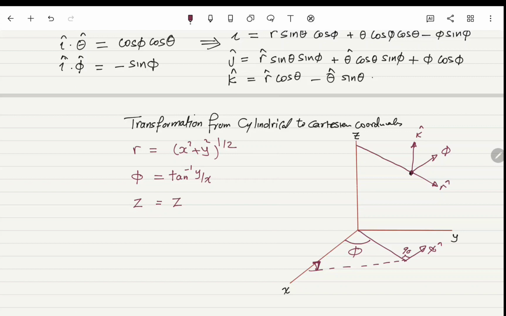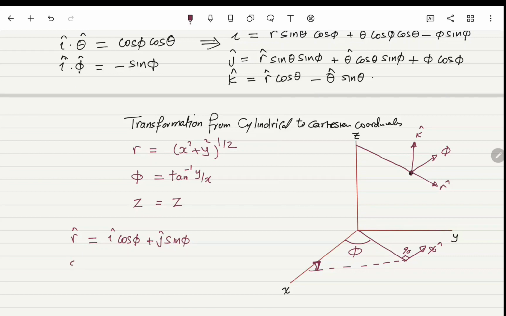Now to find the unit vectors r hat, phi hat, and k hat from cylindrical to Cartesian, r hat here, this is r hat right here, it has x component with the x, so i hat cosine phi, and it has y component plus j hat sine phi.